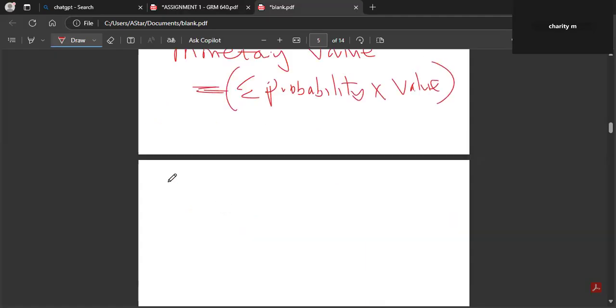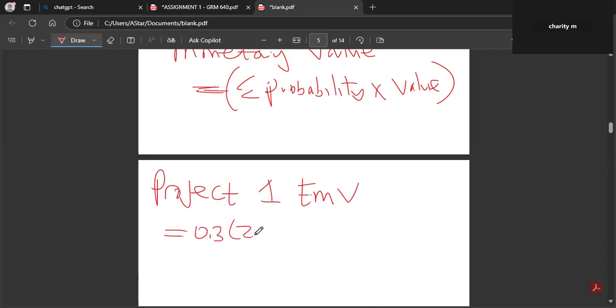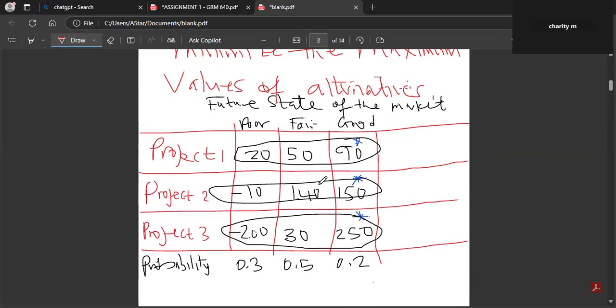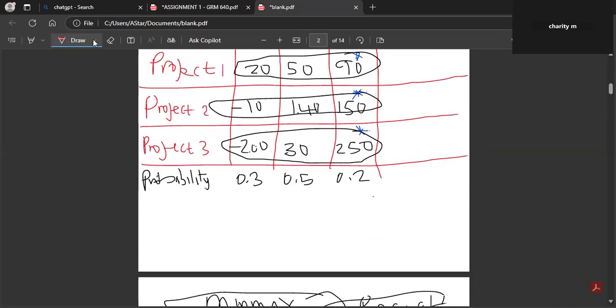So project 1 expected monetary value is equal to 0.3 multiplied by 20 plus 0.5 multiplied by 50 plus 0.2 multiplied by 90. These values we are getting from the original table that we have here.